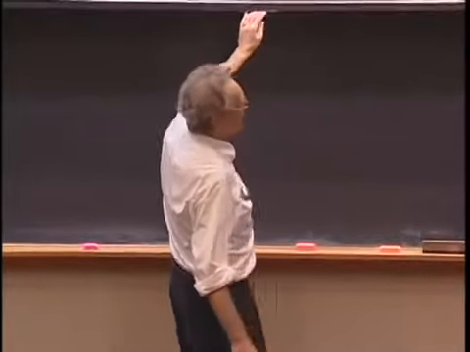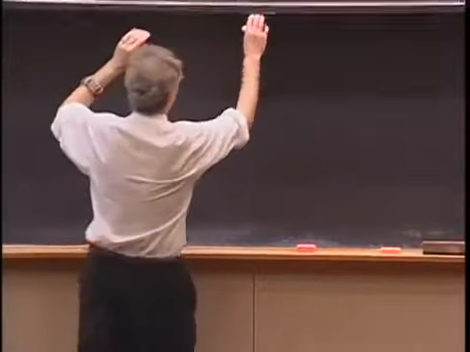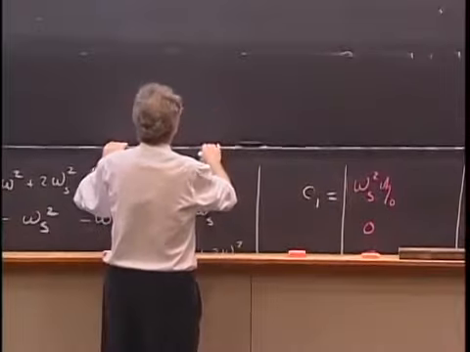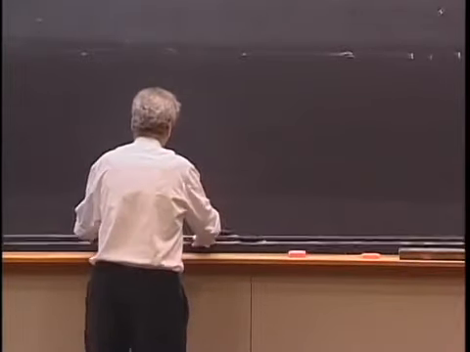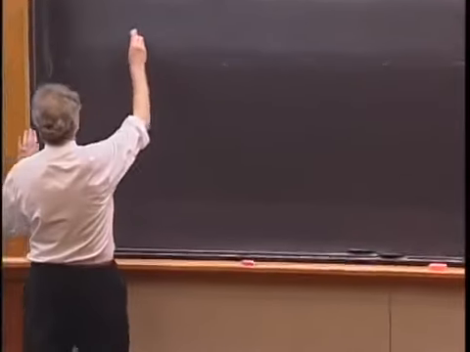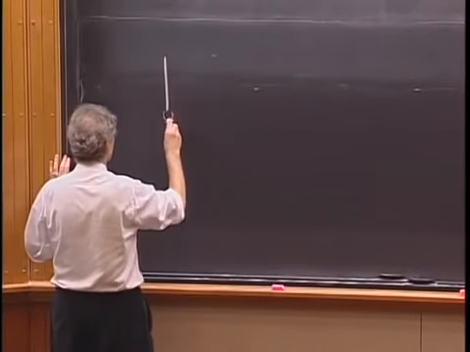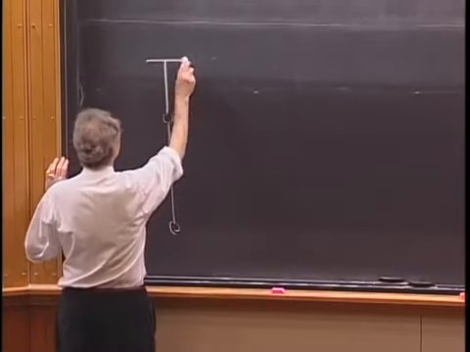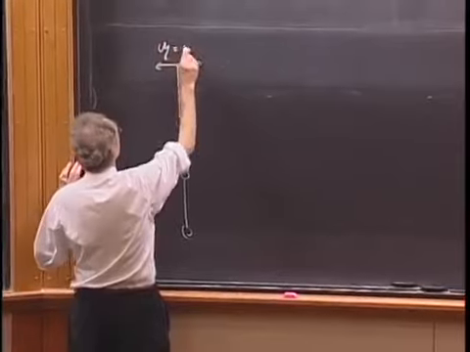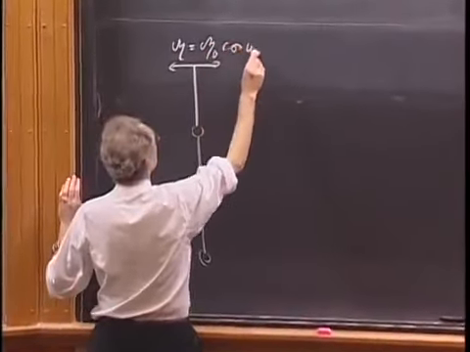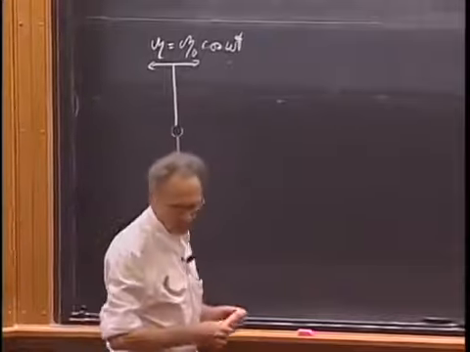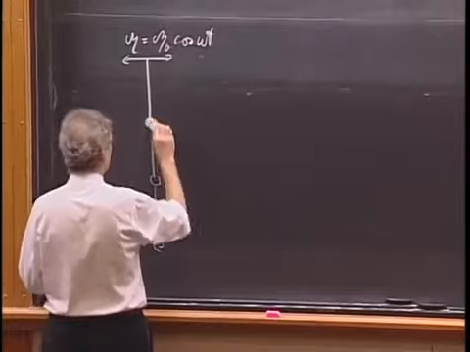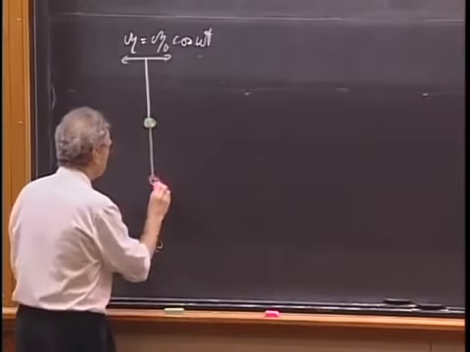So, that triple pendulum, let me put these down so that we have not so much shadow on this board. Triple pendulum. This is a triple pendulum. And we're going to drive it here. Eta equals eta 0 times the cosine of omega t. The top one is going to be green. The middle one is going to be red.